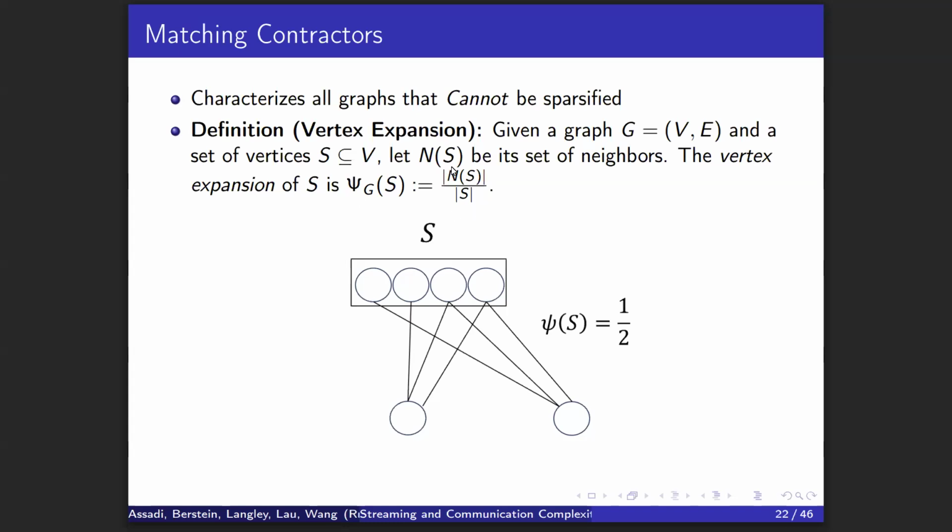Given a graph G and a subset of vertices S, we say that the vertex expansion of this set is the number of neighbors of this set outside of S divided by the size of S itself. For example, this S over here has 2 neighbors outside, so we say that the vertex expansion is 1/2.